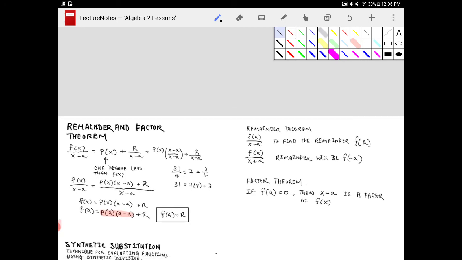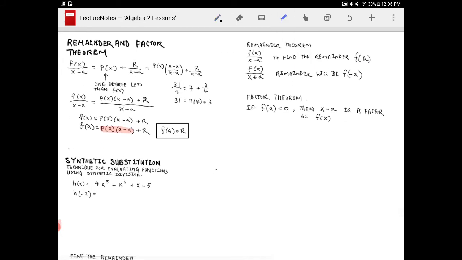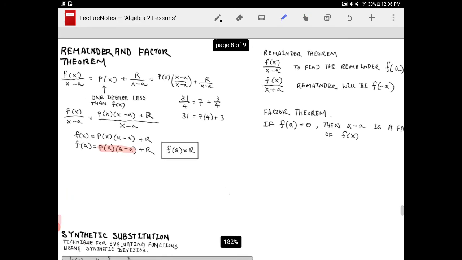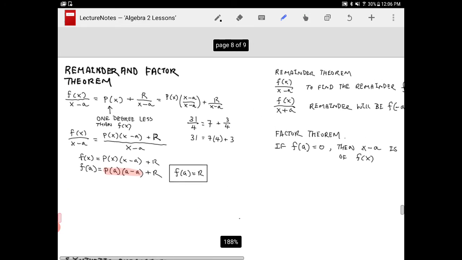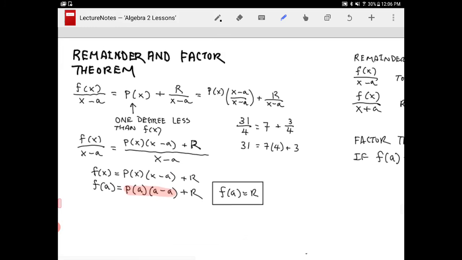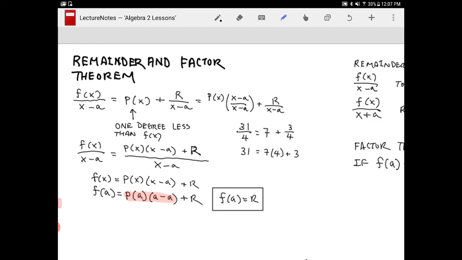What's really important to understand, the main takeaway one more time, is that when we're dividing two polynomials, if the divisor happens to be a binomial, all we have to do is make that substitution and we can find out what the remainder is.